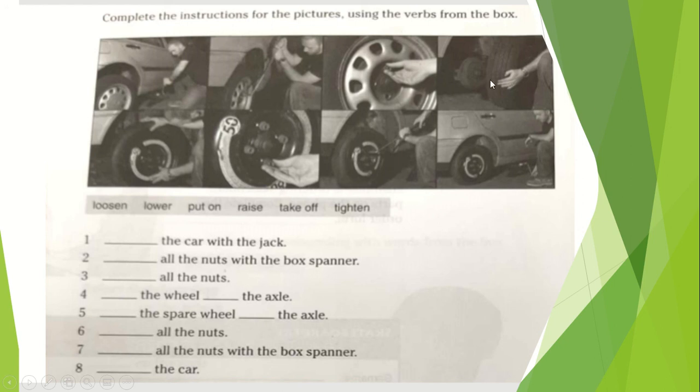If you look carefully at the picture, the person is removing the wheel itself here. 5, the spare wheel, the axle. This is the spare wheel, the new one. All the nuts. 7, all the nuts with the box spanner. And finally 8, the car.